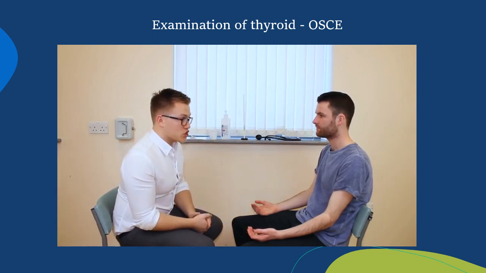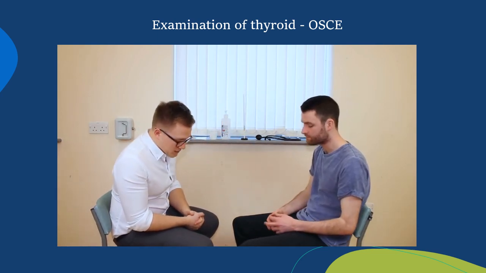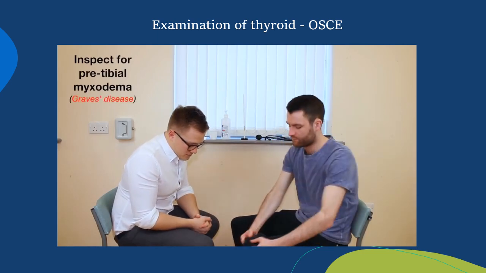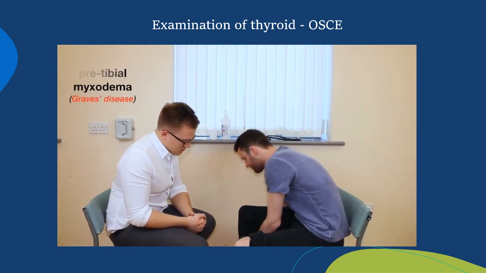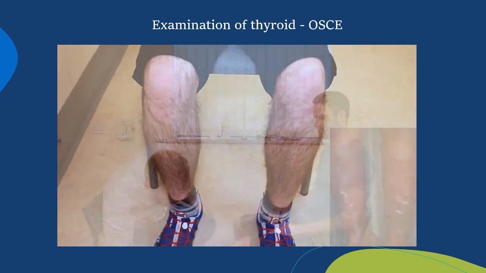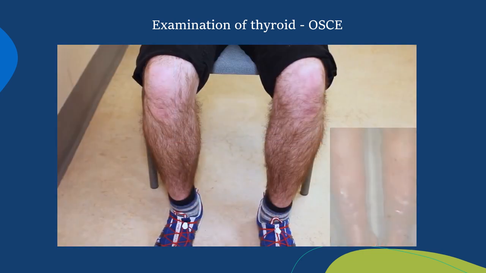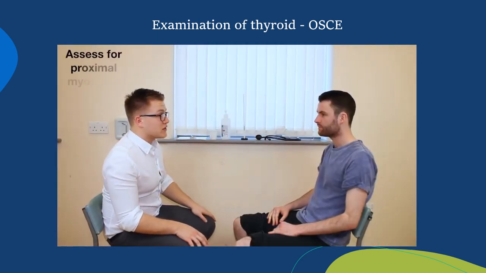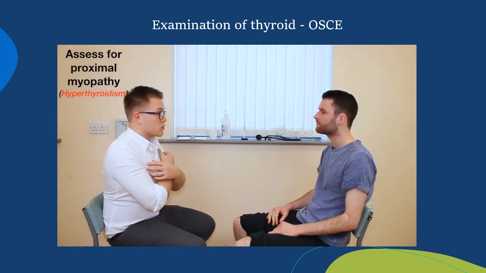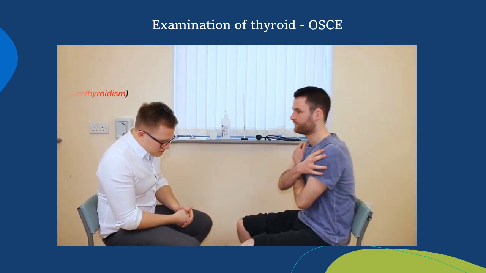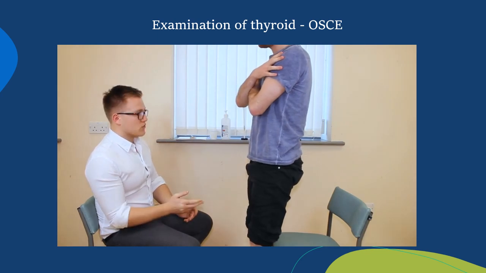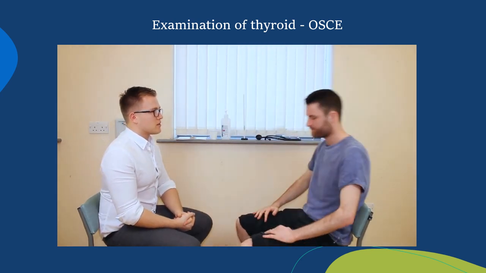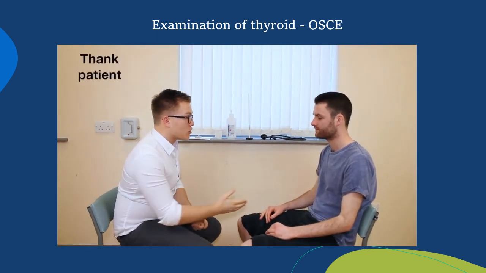I'd just like to look at your shins, if you wouldn't mind rolling your trousers up for me. Sure. Fantastic. And finally, if you could stand up, but first I'd like you to cross your arms for me. And relax. This completes the examination. Thank you very much.